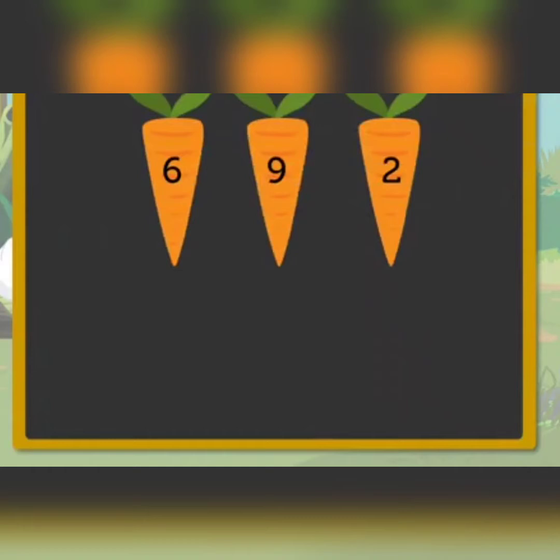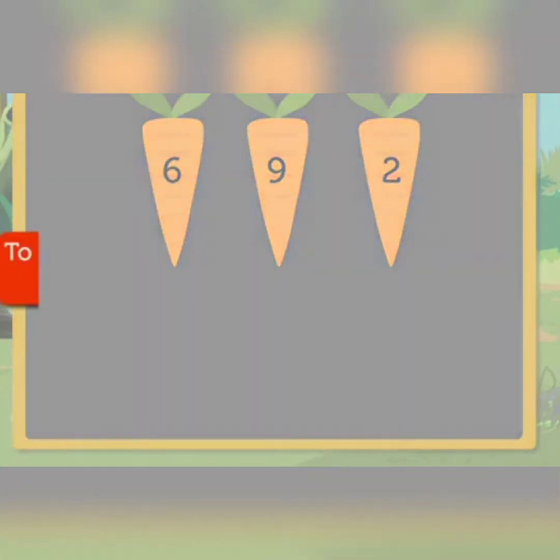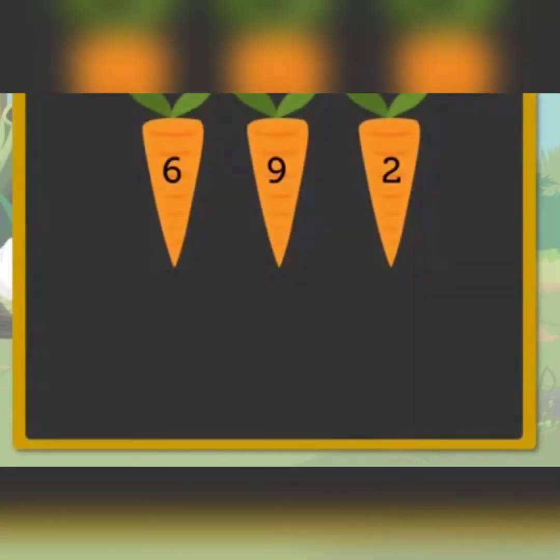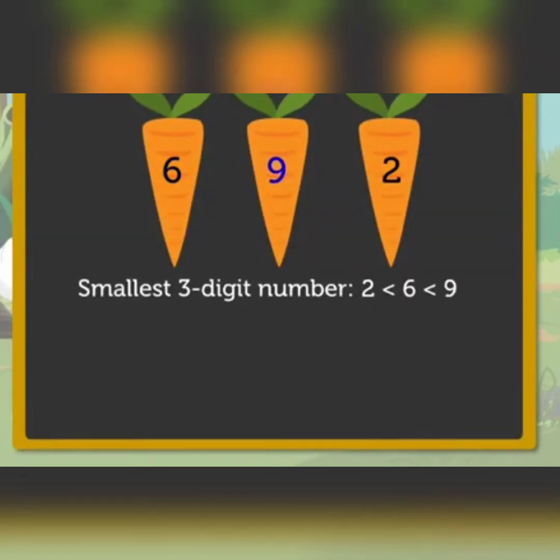Okay. So, to form the smallest 3-digit number, we can arrange the given digits in increasing order. We already learned in our previous class. So, here 2 is smaller than 6, 6 is smaller than 9.